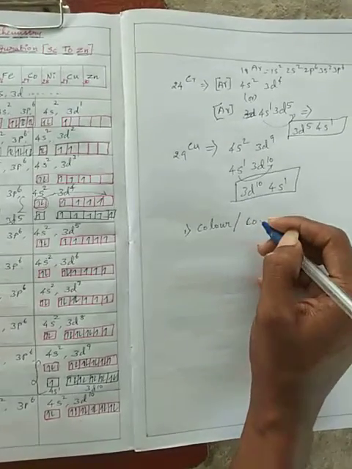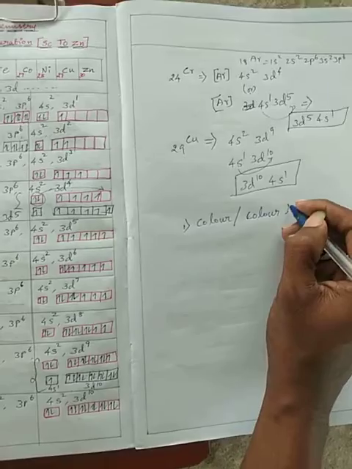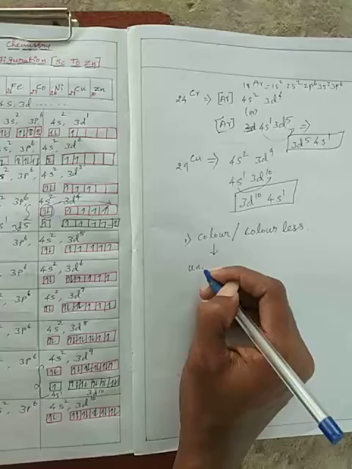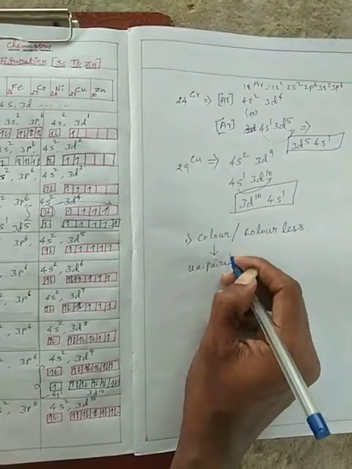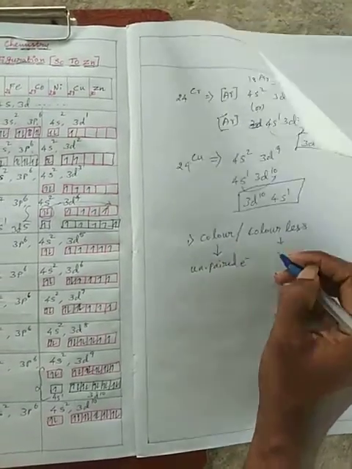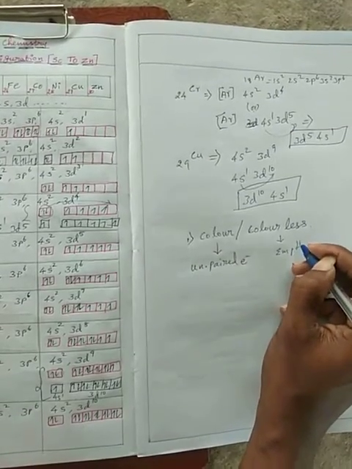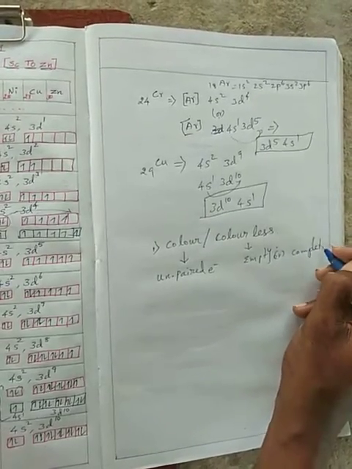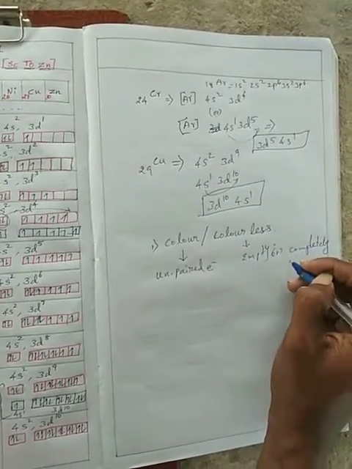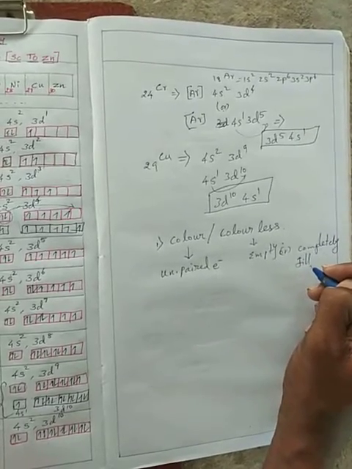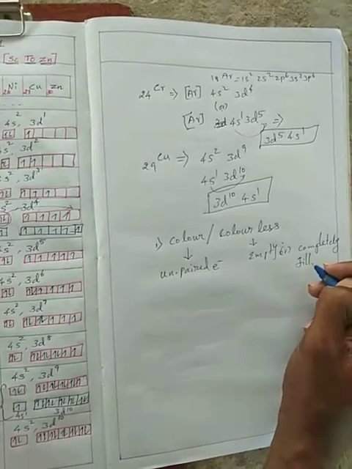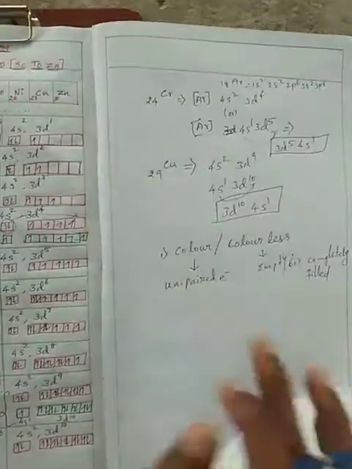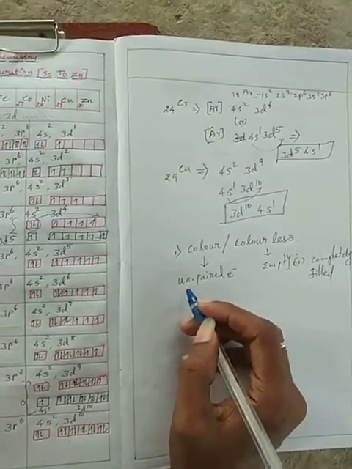Color depends on unpaired electrons; an empty or completely filled subshell gives colorless. Now we only discuss unpaired electrons.